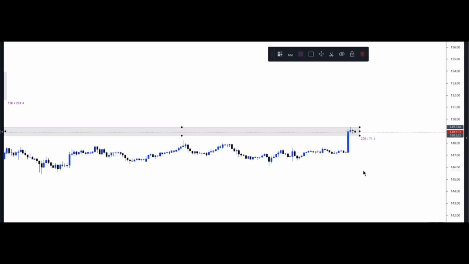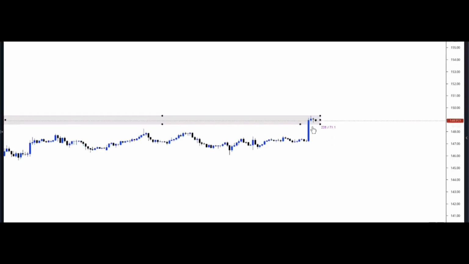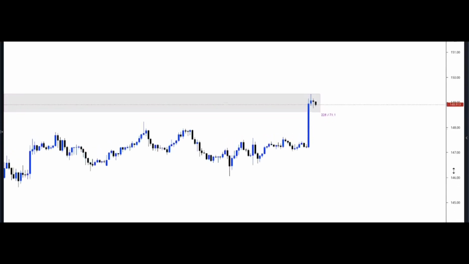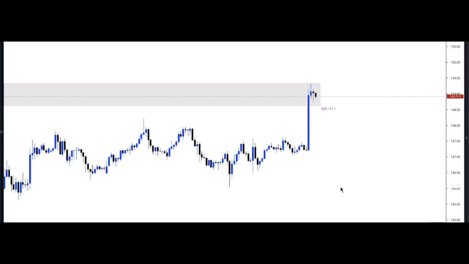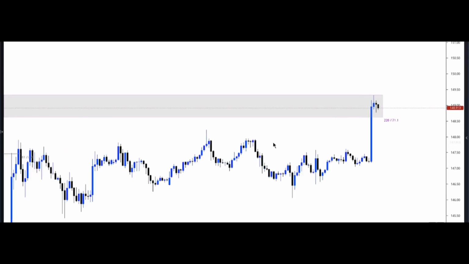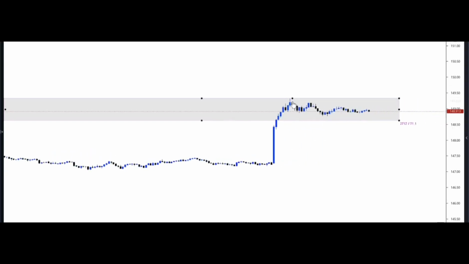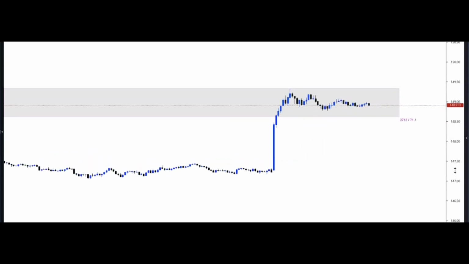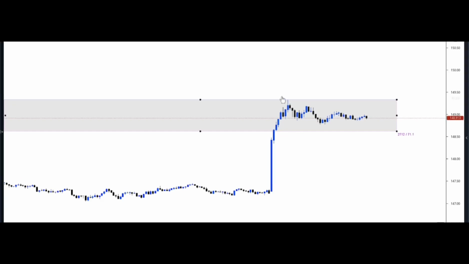Okay, so as you can see, price has come into this area of interest. Now, what are we expected to do? We're expected to go to the lower time frame and begin to plot the trade here. So let's get to the 5M. Now this is the 5M. Price came into this area of interest and printed this high.